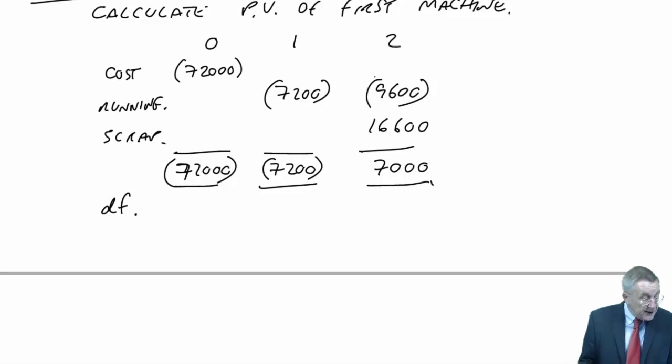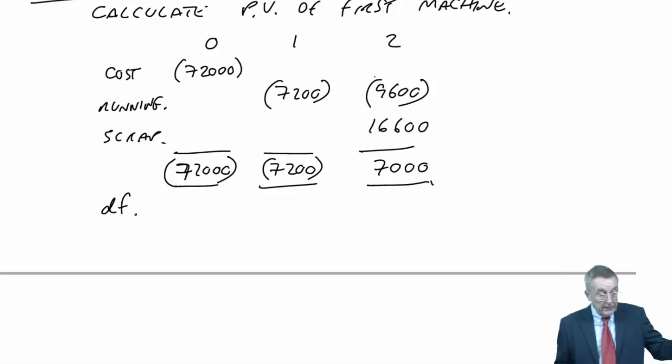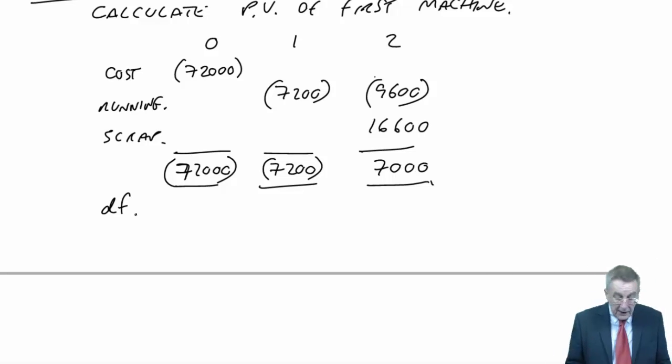Let's discount. The cost of capital is 15%. And so our discount factors, if I can find them, here we are. For 1 year, 0.870. For 2 years, 0.756.